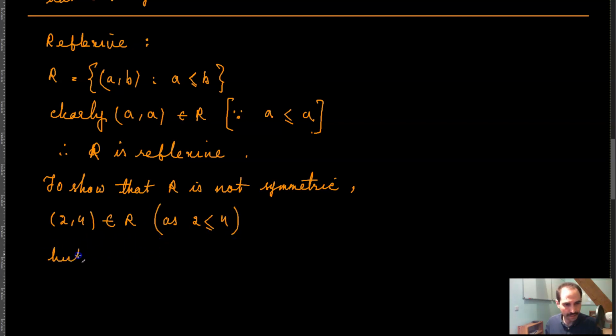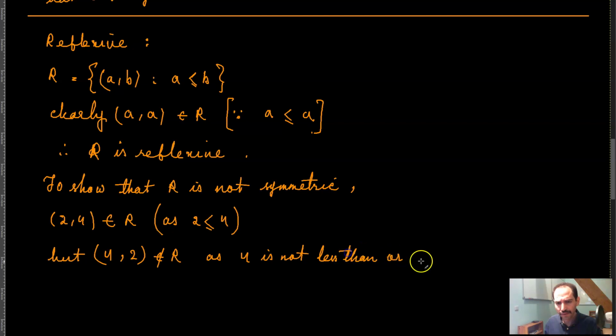But (4, 2) does not belong to R as 4 is not less than or equal to 2. And so you can say that R is not symmetric.